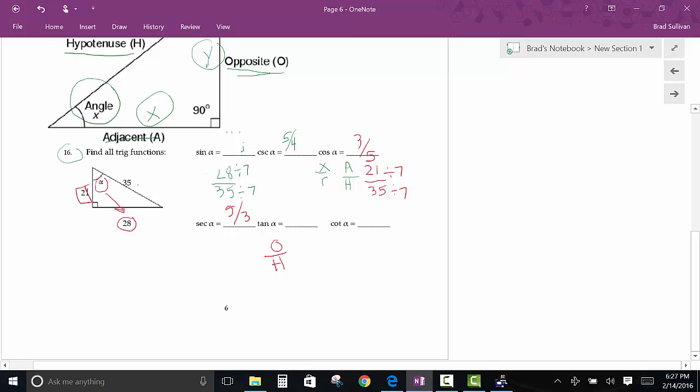And the side adjacent is the side next to it, so that means the tangent is going to be 28 over 21. We can reduce that fraction by 7. So we end up getting a value of 4 over 3. And then the cotangent is the reciprocal of the tangent, so we've got that ratio figured out.